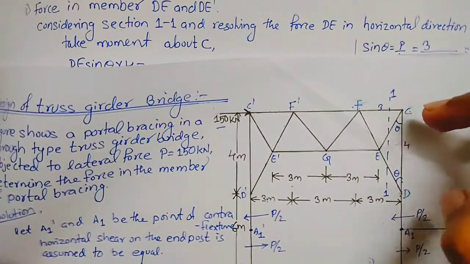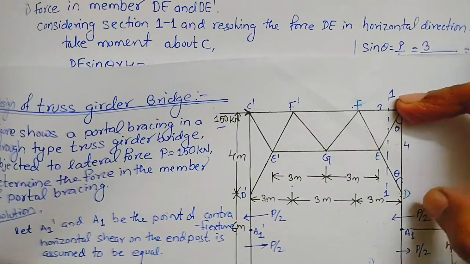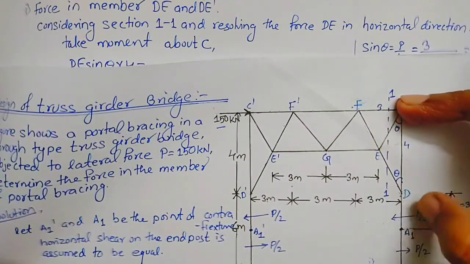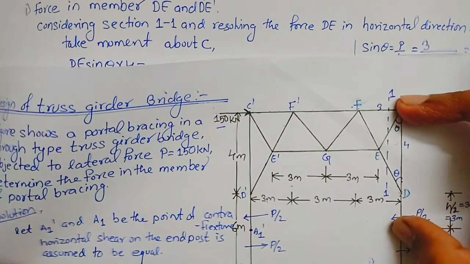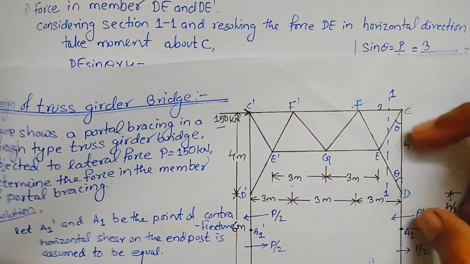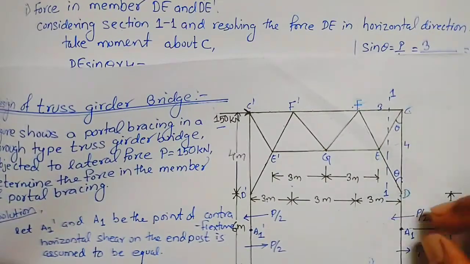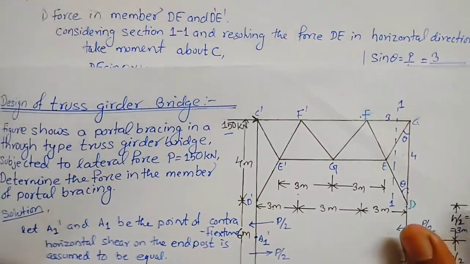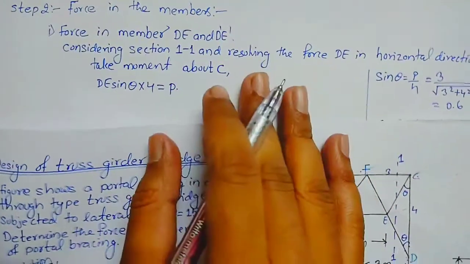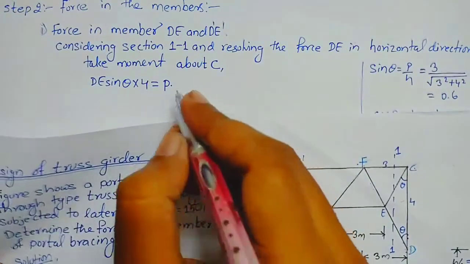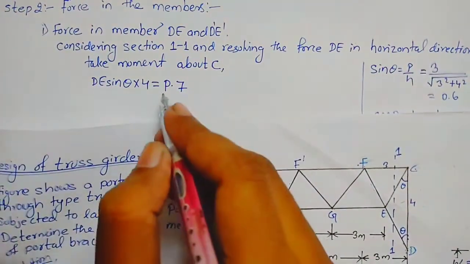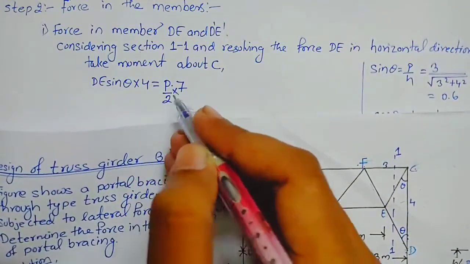Listen again, I am taking moment about C, and we have to consider this force P by 2 at the point of contraflexure, that is A1, so we need to take the distance up to this point of contraflexure, and here it is 4 plus H by 2, means 3, so it will be P by 2 times 4 plus 3 means 7.